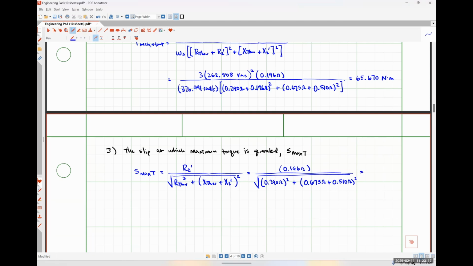And I wound up getting 0.161, or a slip of 16.066%. Again, I'm going to put an asterisk here just in case I got that sign incorrect.